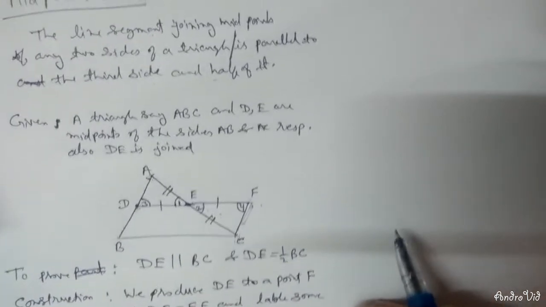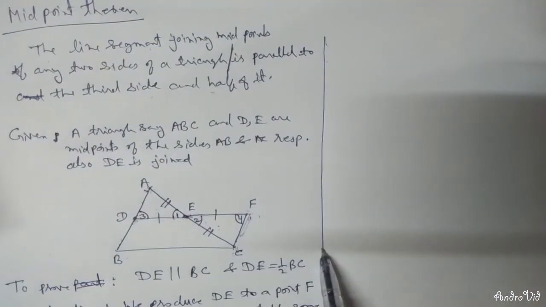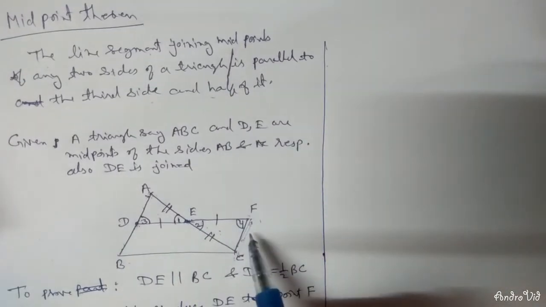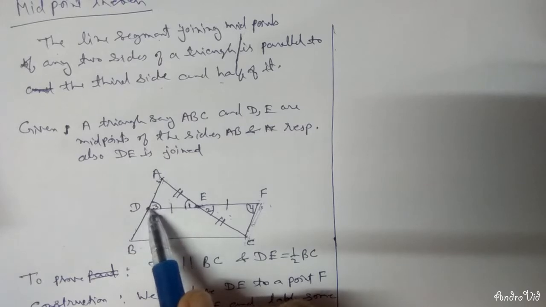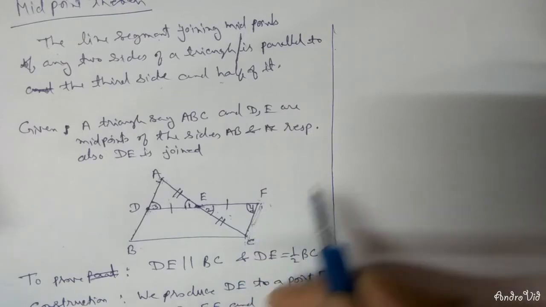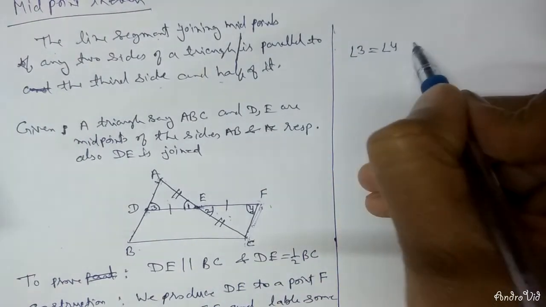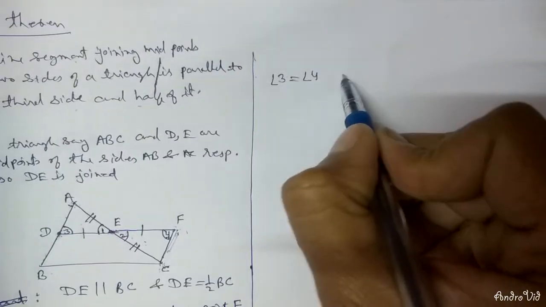Now see, angle 3 and angle 4 are corresponding angles of these congruent triangles, so they will also be equal. So angle 3 is equal to angle 4. Why?